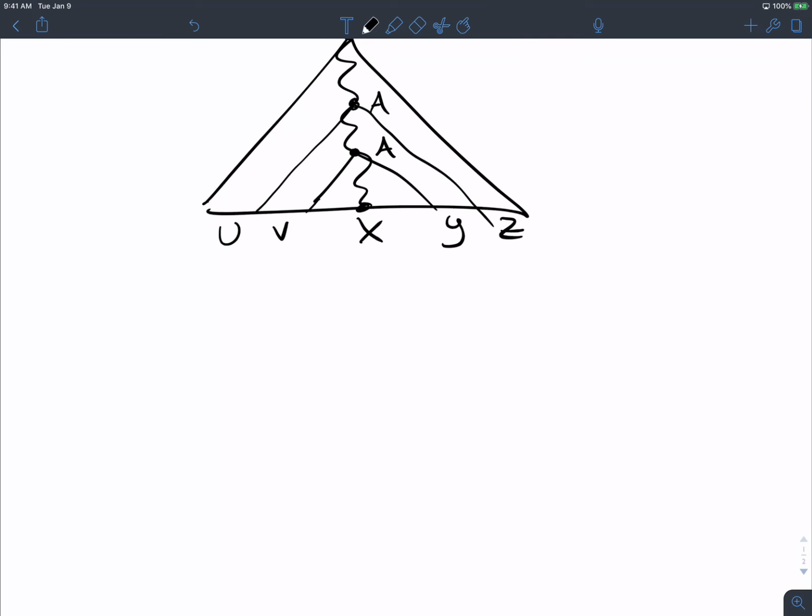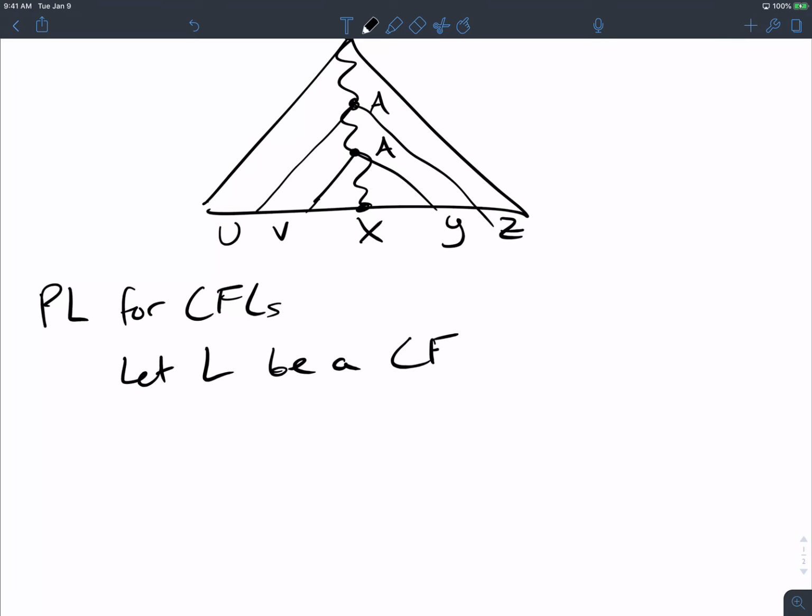So let's actually state the pumping lemma here. I'm just going to shorthand it. Okay, so let L be a CFL.